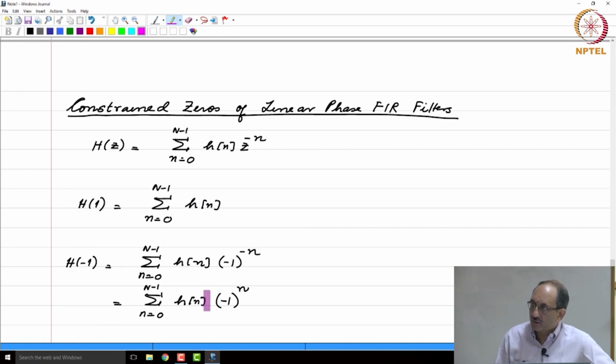The other location is at z equal to minus 1. Rather than summing up h of n itself, you multiply by minus 1 to the n and then sum up the resulting sequence, and then see whether the resulting number is always 0. If it is, then you can make the statement that there is a constrained 0 either at z equal to 1 or z equal to minus 1, depending upon whether each of these statements is true or not.